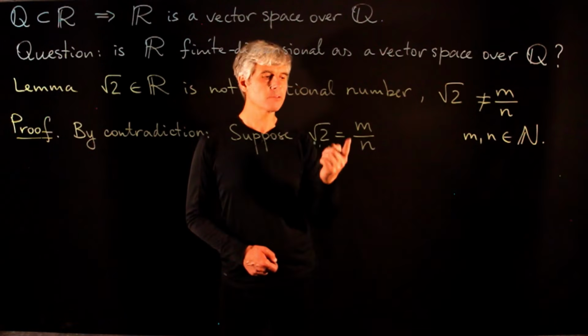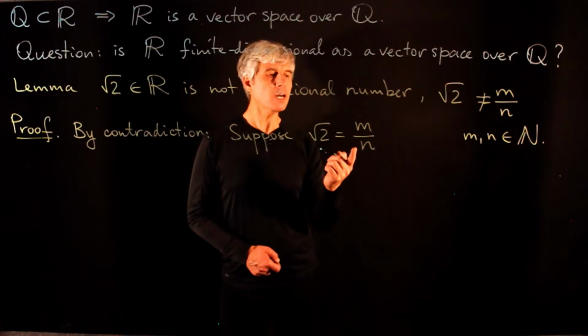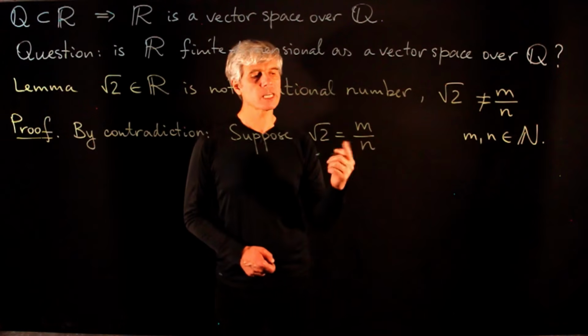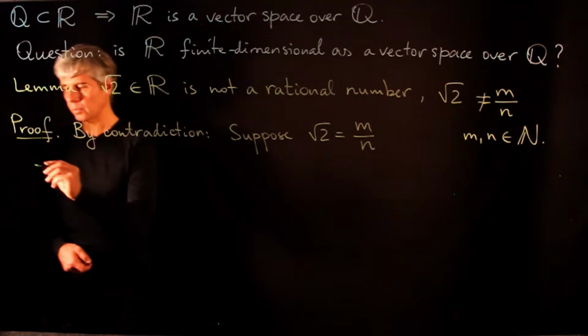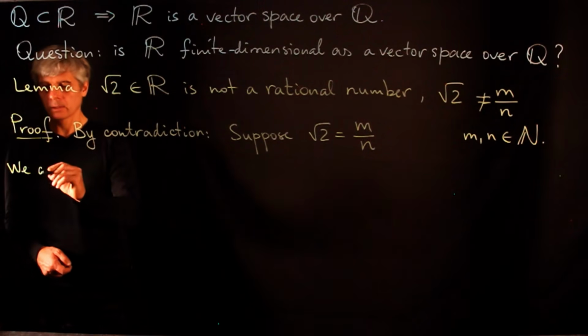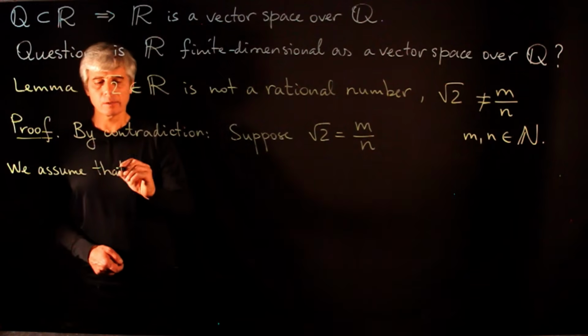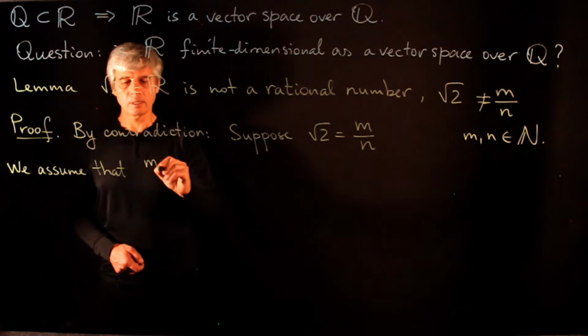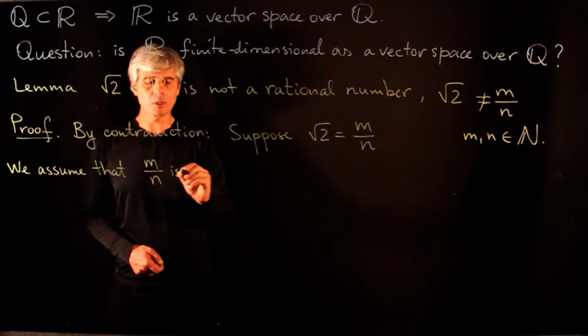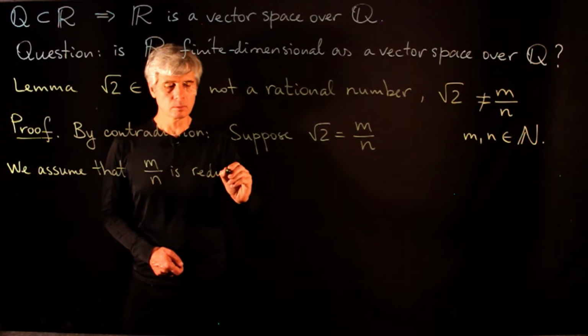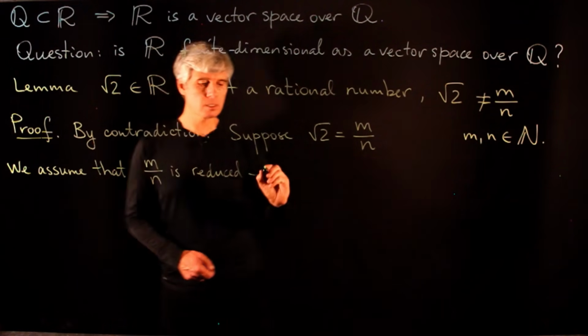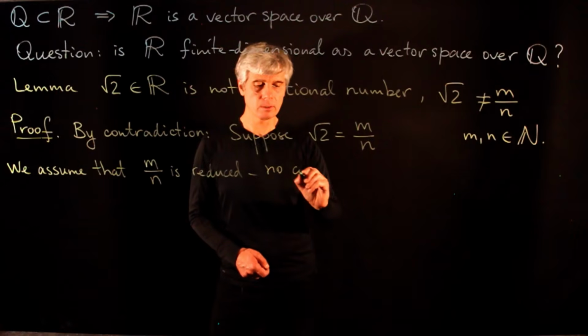So this means that if m and n have common factors, then these common factors can be cancelled. So we assume that this fraction is reduced. So that is no common factors.